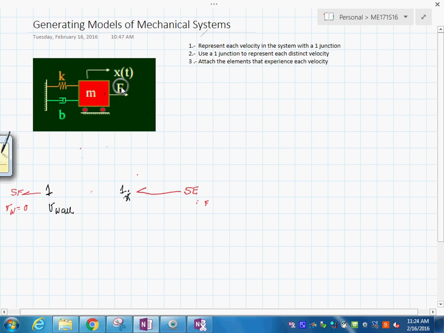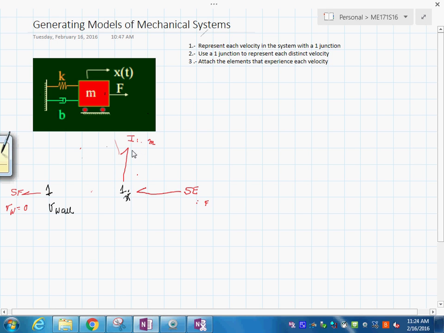So this is going to be like this with value m. Okay, and then that's step number 3. Make sure that we consider all the elements that experience each velocity.